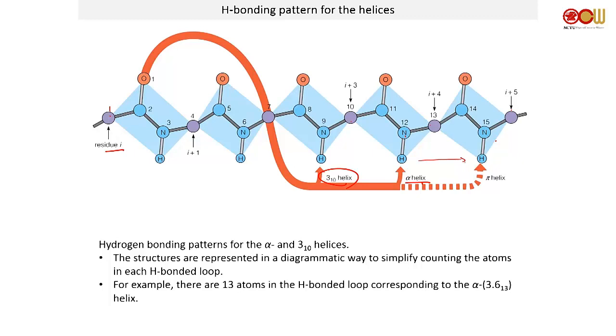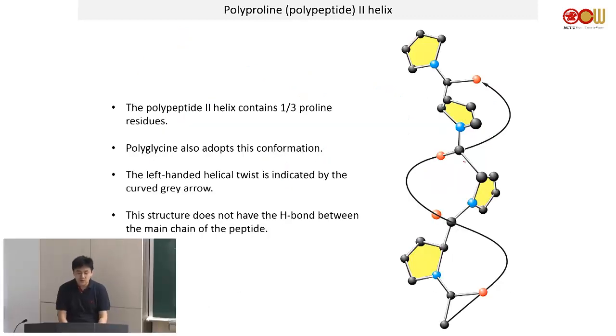Now, I want you guys to know the relative difference between 310 and alpha helix, okay, especially how the R groups are oriented. You have this other weird looking helix called polyproline, or a lot of times we also call it polypeptide 2 helix. Okay, this guy is really weird because it's not exactly a helical structure that's stabilized by the hydrogen bond between the carbonyl and the amino group. Okay, it's not, right?